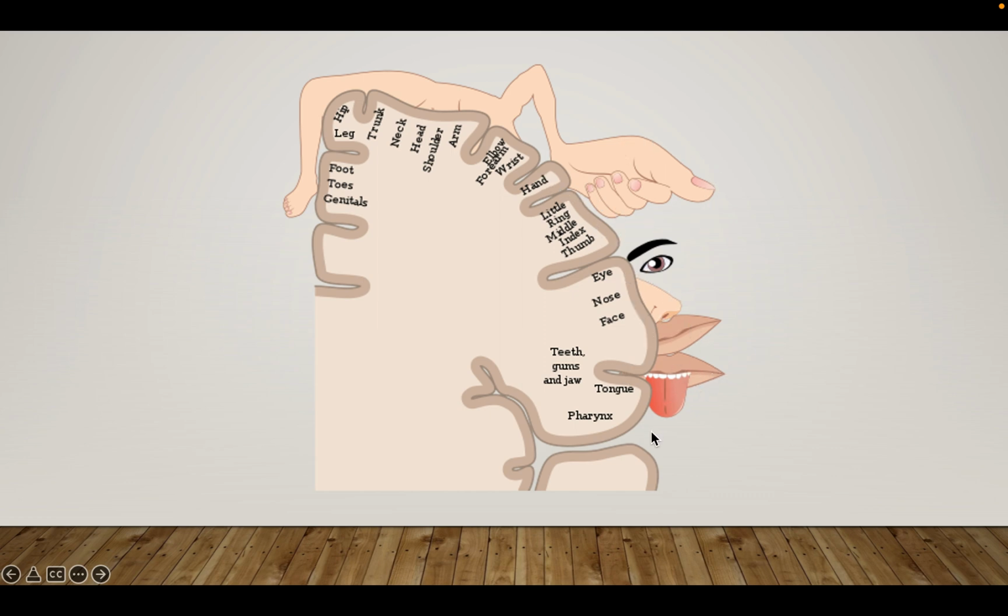So these are areas, you can think of these areas as areas of communication. We communicate with our face, with our speech, facial expressions. We also communicate with our hands. So a lot of our brain is dedicated, in terms of the motor signals, to some type of communication. Okay, so this is the motor homunculus.